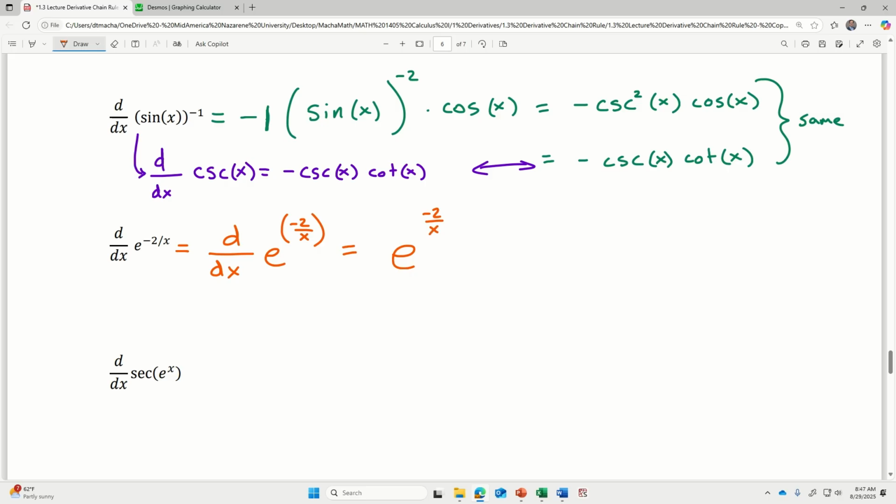And that derivative is still e to the power something, right? Okay. Then I multiply times the derivative of the inside function. My inside function is this negative 2 divided by x. Do you remember what that derivative is? Natural log. No. I'll give you a little hint.